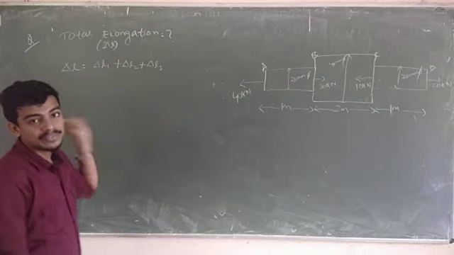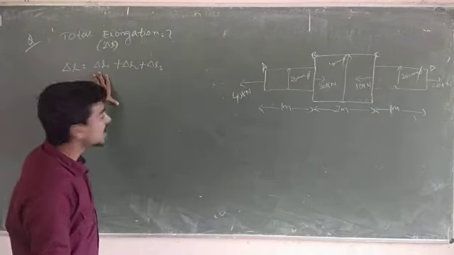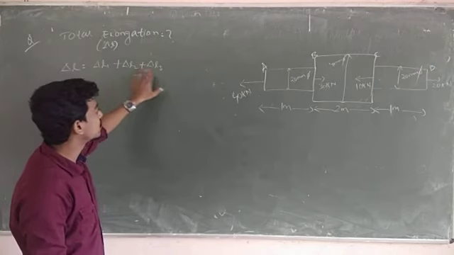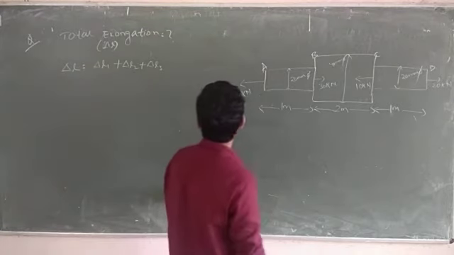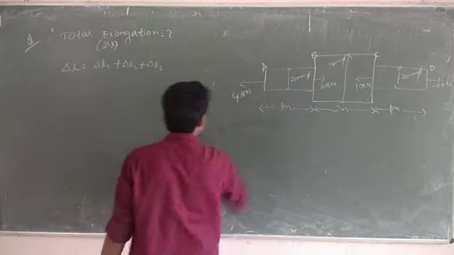This type of problem will definitely come in your semester exam. So our task is to find delta L1, delta L2, delta L3, then our problem will be over. First, starting with delta L1, that means this part.